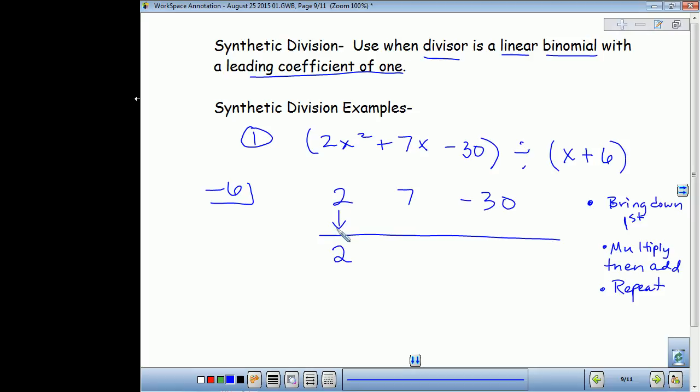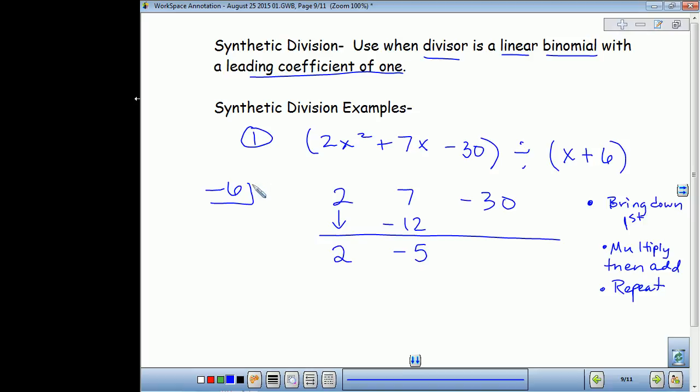So we bring down the first one. We multiply what's on the table times what we just brought down. Negative 6 times 2 is negative 12. So we multiplied. Now we're going to add. 7 plus negative 12 is negative 5.